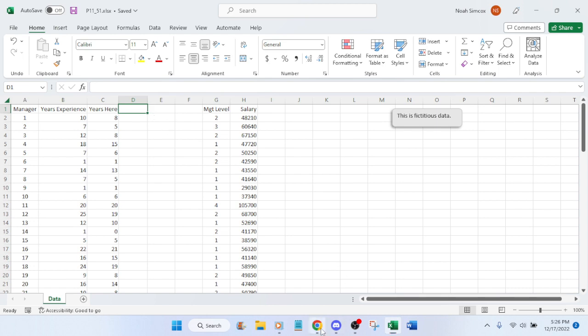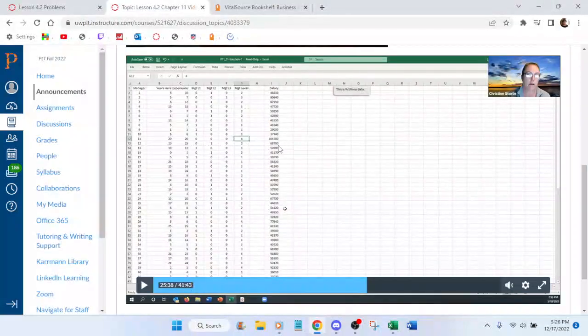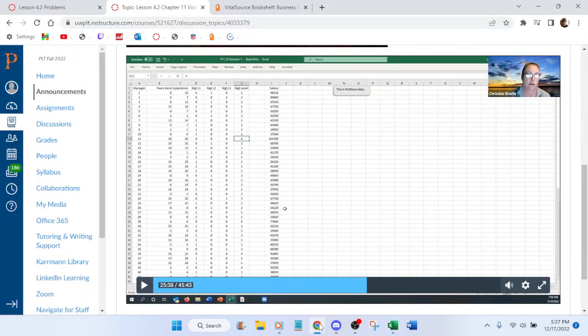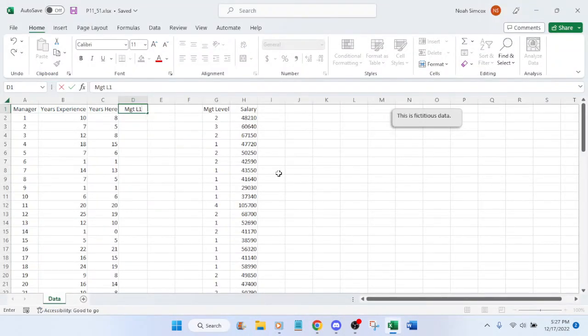Management level. So it's just management level 1, 2, and 3. Level 1. Management level 2. Management level 3.